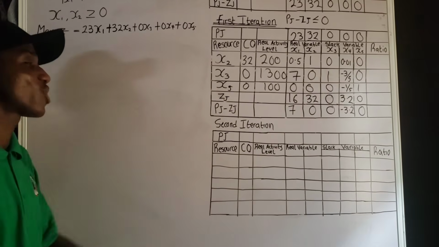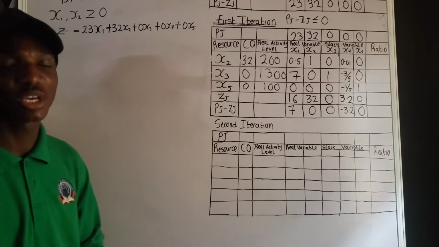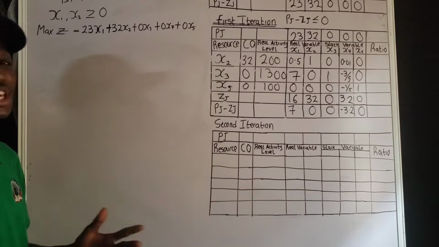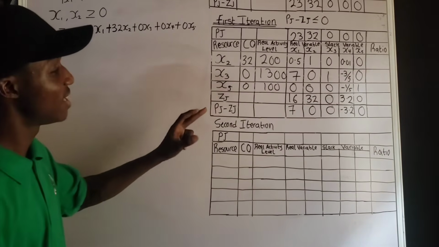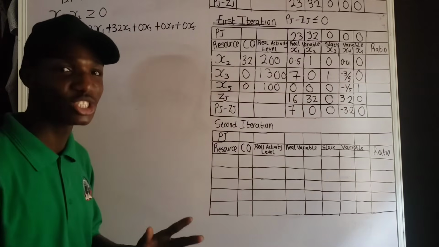This is my second iteration table. However, before I can compute the data on this table, I still need to determine my key column, the key row, and the key element. I told you from the previous calculation that the key column is gotten from pj minus zj.